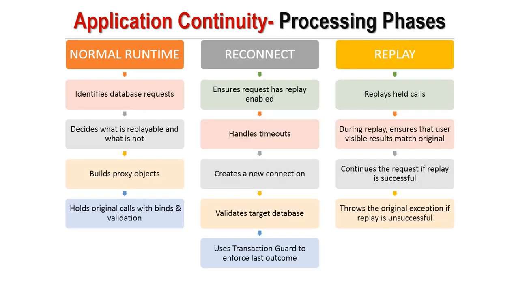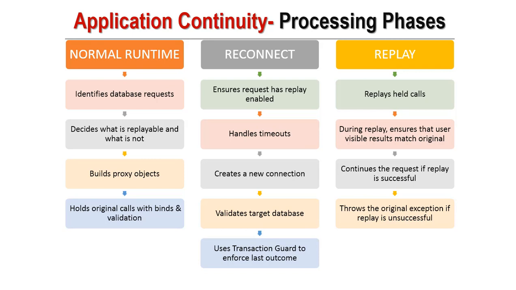FAN is good, and using FAN you would be able to manage and get notifications to your clients much more easily. FAN is a much more efficient mechanism as compared to TAF.